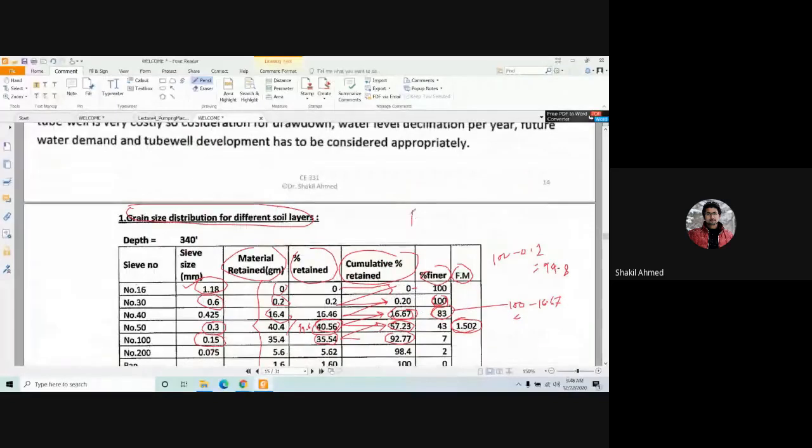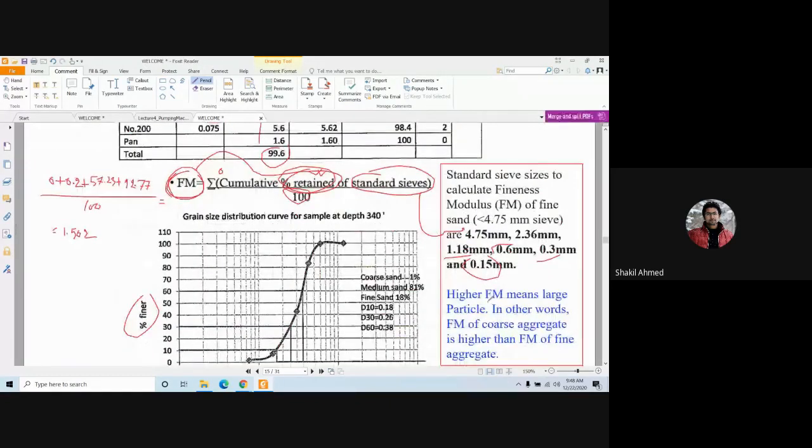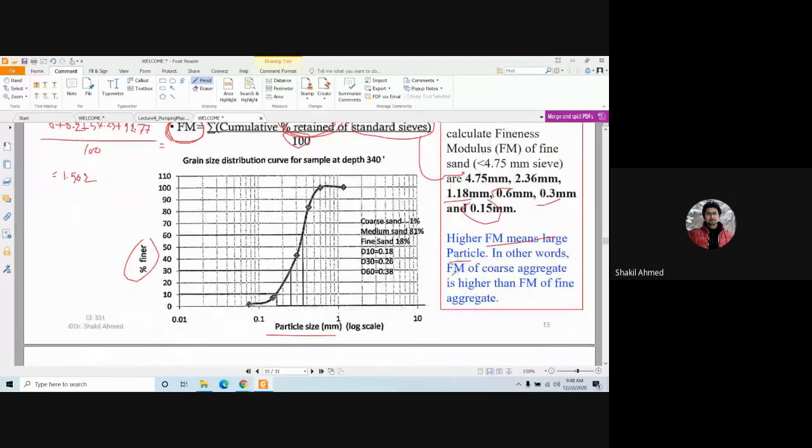So higher FM means higher particle size. Clear? Yes, sir. High FM means larger particle. So FM of coarse aggregate is higher than the FM of fine aggregate, because fine means smaller, coarse means larger.